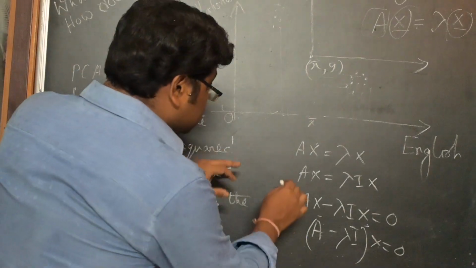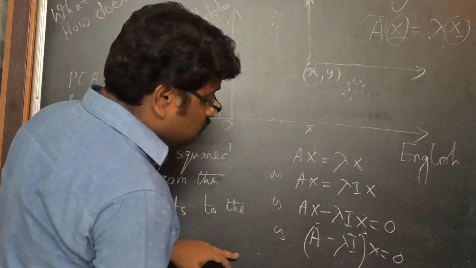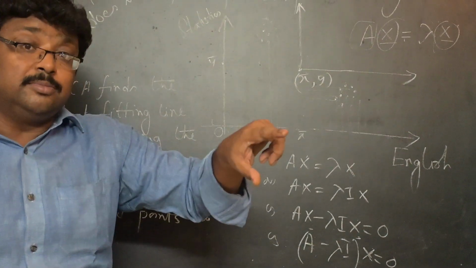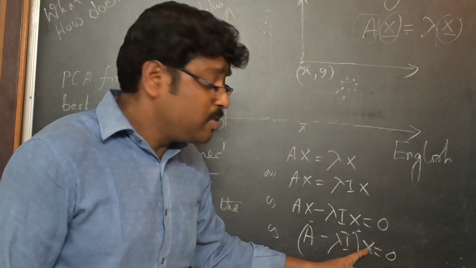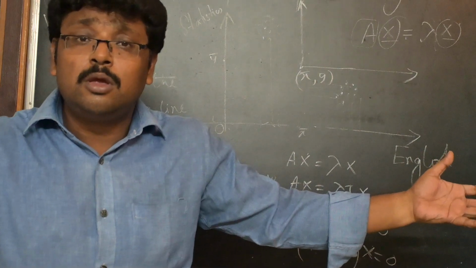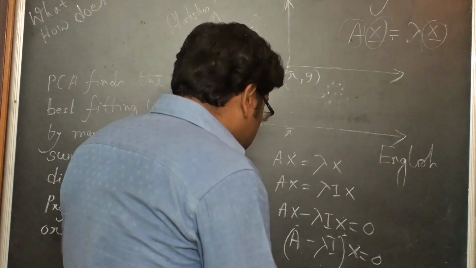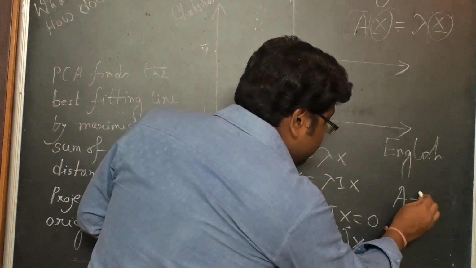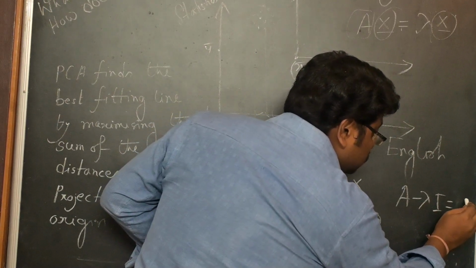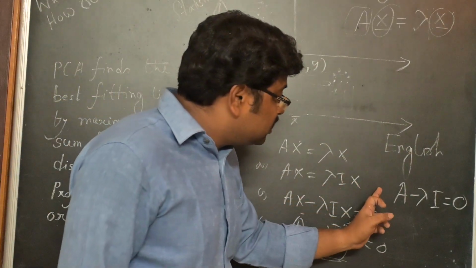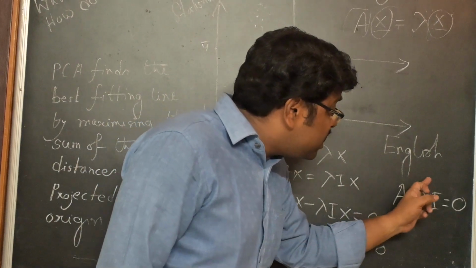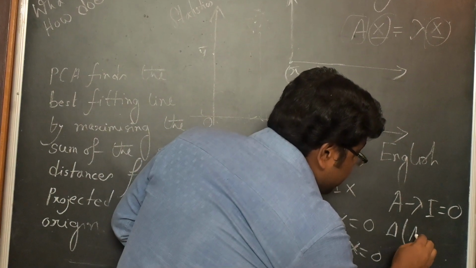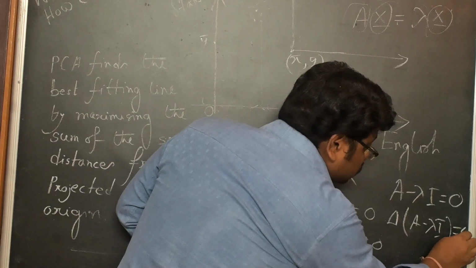Here x is a vector, and vectors can never be 0, so this part must be 0, and ultimately we have the determinant of A minus lambda I equal to 0.